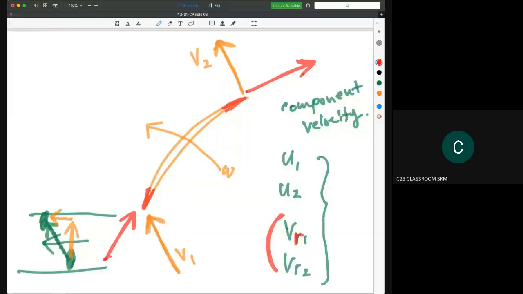If the blade is like this, with the angle like this, the water will flow out at this angle. So VR means the velocity which is relative to the shape of the blade. Okay, so you need to do it like this.